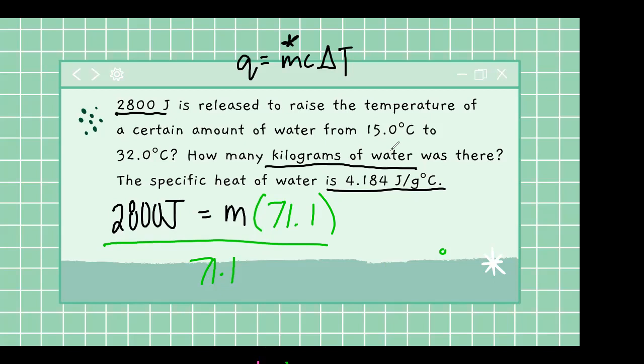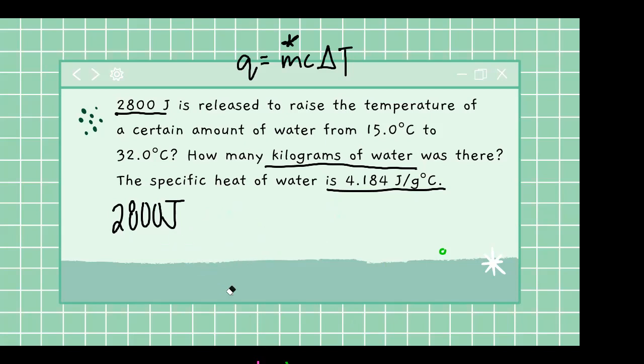Okay, so 2,800 divided by 71.1 is 39.38. So 39.4, right? Oh, 39. True, 39. Good job, Watson.